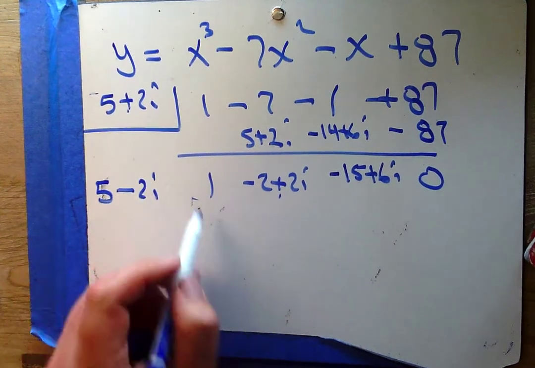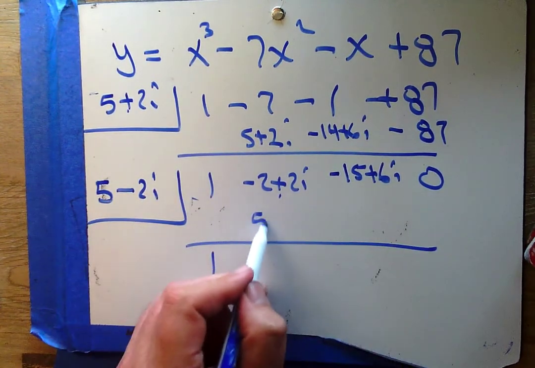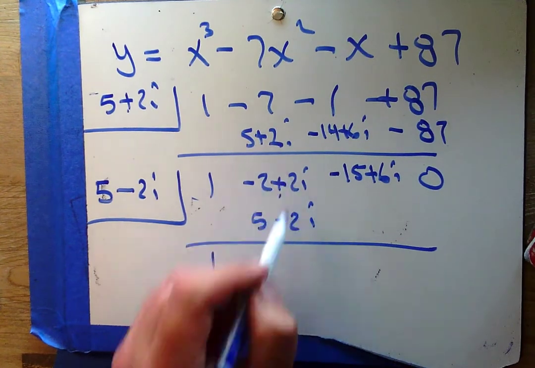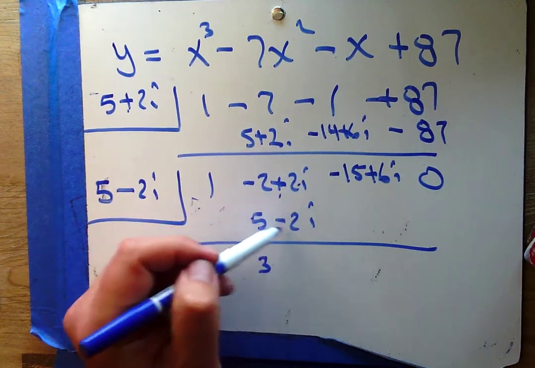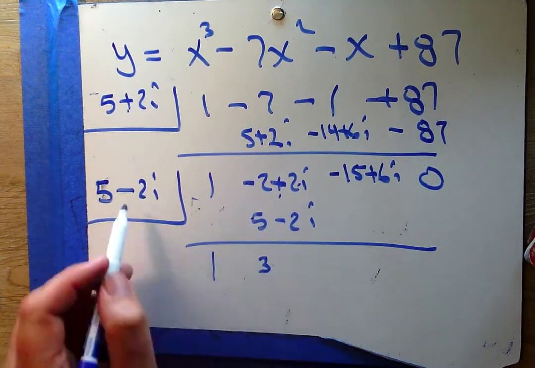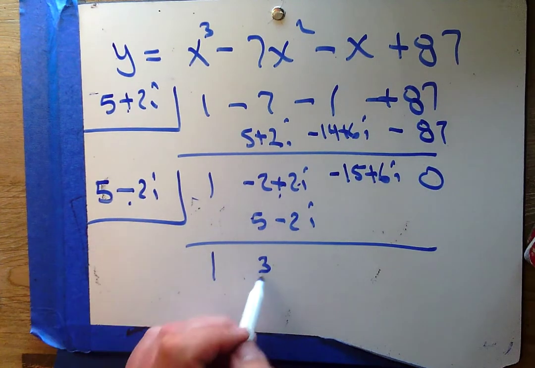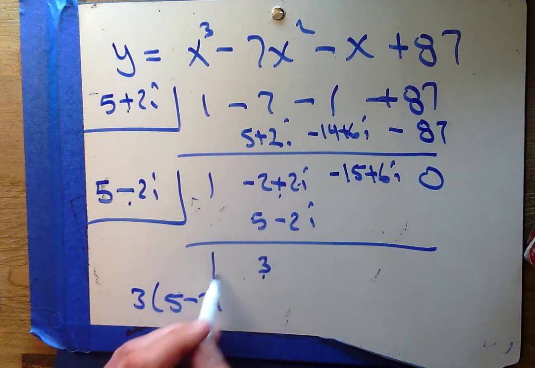So let's go now with 5 minus 2i. Bring down the 1, multiply, I add. Negative 2 plus 5 is 3. 2i minus 2i is 0. So no i's here, just 3. Now I'm going to have to take this stuff and multiply it here. And 3, 5 minus 2i.